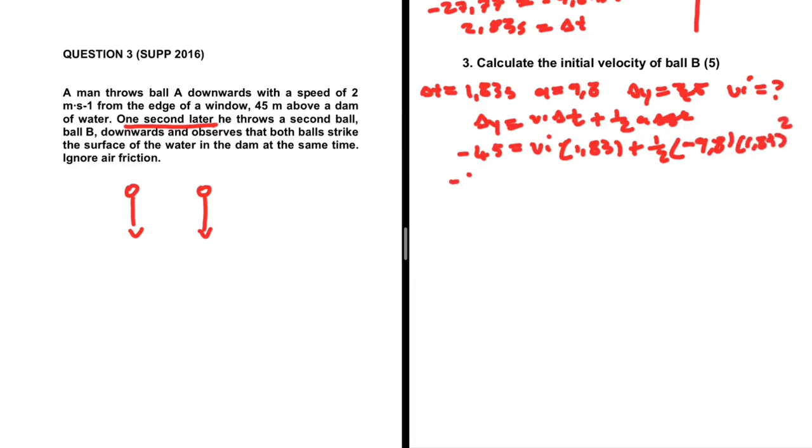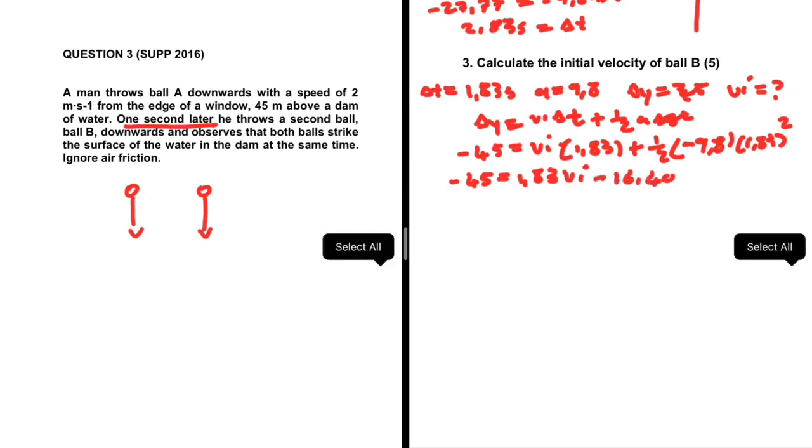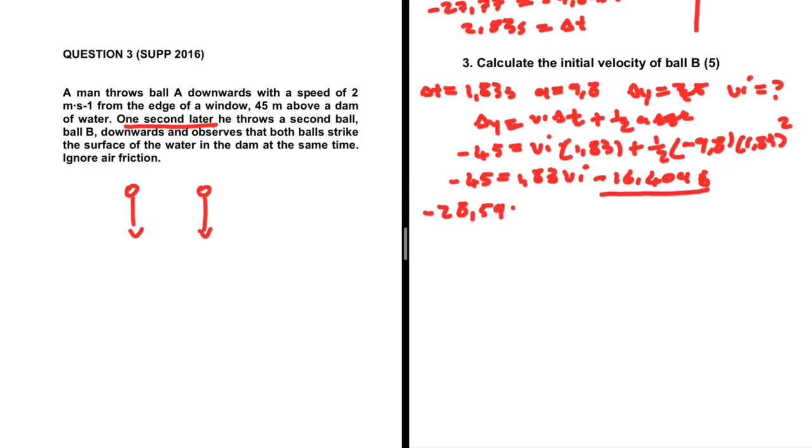So we're going to have minus 45 equals 1.83 vi minus 16.4096. Right, so taking minus 16.4096 to the left hand side, we are going to have minus 28.5904 equals 1.83 vi.